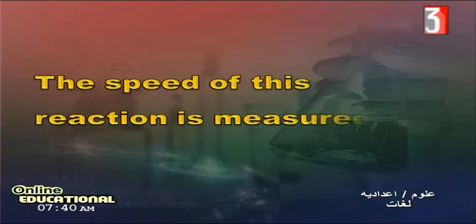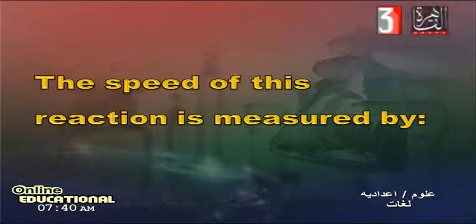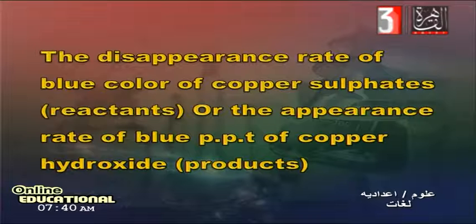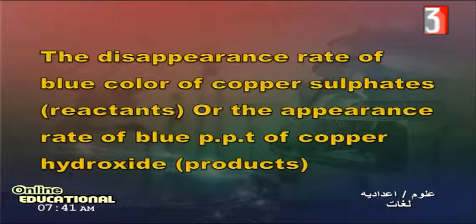From the previous equation, the speed of this reaction is measured by the disappearance rate of the blue color of copper sulfate as a reactant, or the appearance rate of the blue precipitate of copper hydroxide as a product.